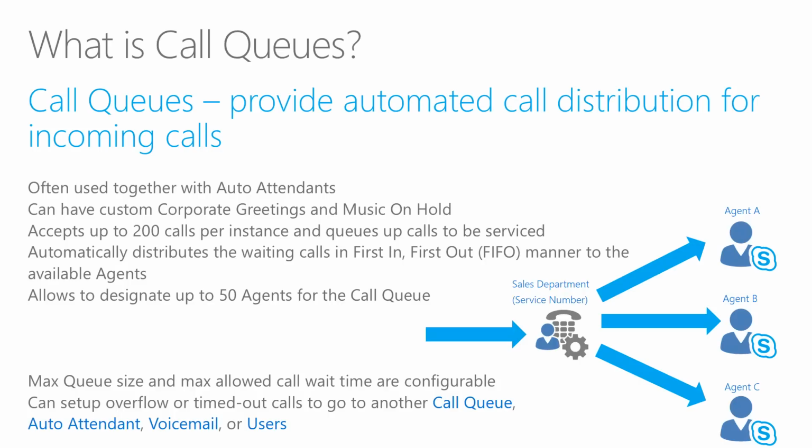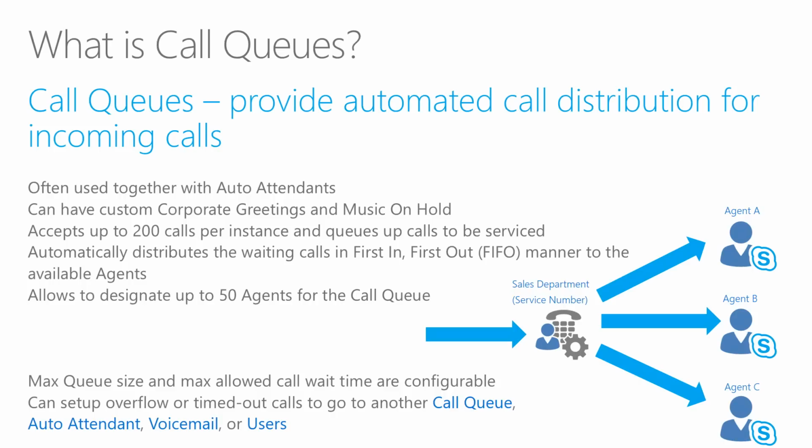It has a set of users that we call agents assigned to the call queue. And as soon as these agents are online and the call comes in, the call will be offered to all of the agents. So instead of going to a single agent, a call queue really is used to distribute an incoming call over all the available agents. They can have custom corporate greetings and music on hold.